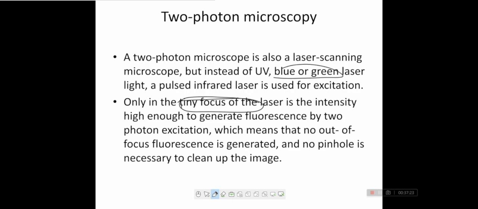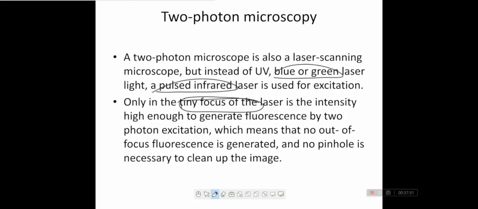Only in the tiny focus of the laser is the intensity high enough to generate fluorescence by two-photon excitation, which means that no out-of-focus fluorescence is generated and no pinhole is necessary to clean up the image.